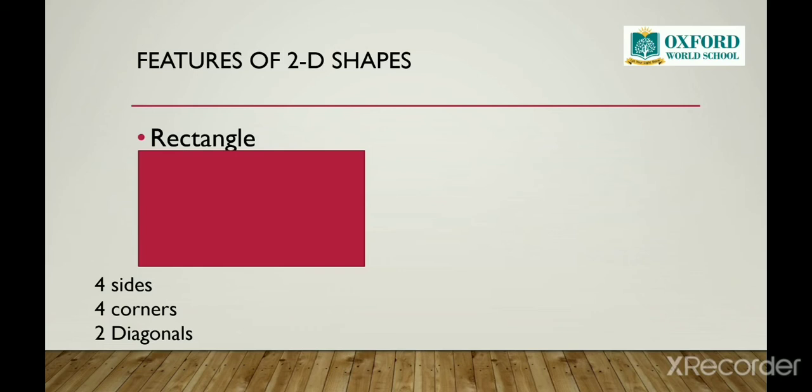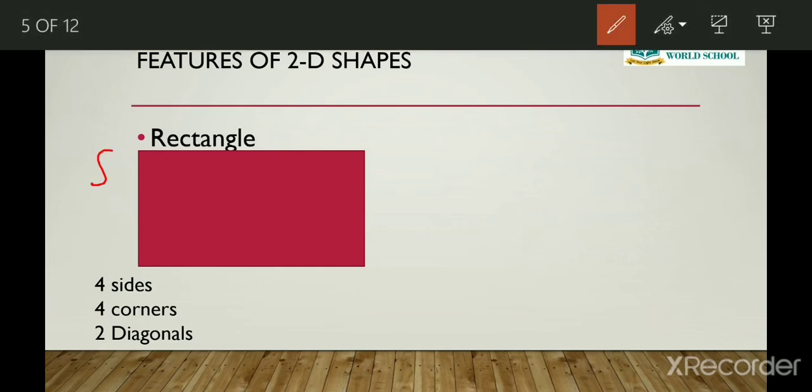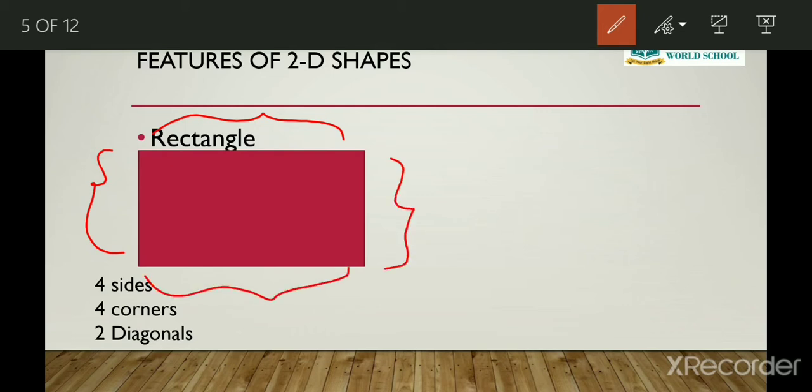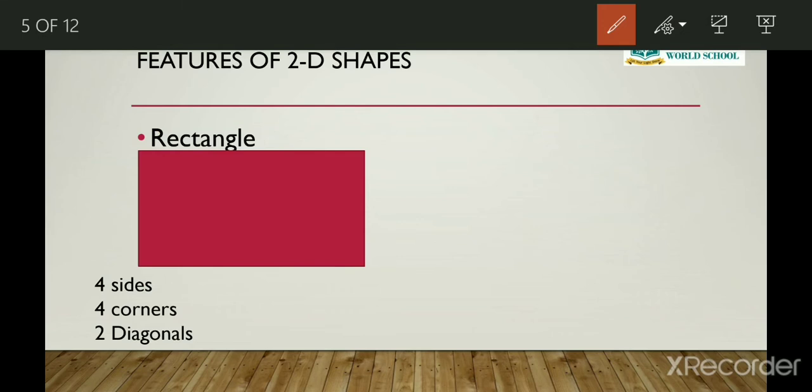rectangle. Now, just tell me, what do you think? How many sides and corners are there? Yes, right. 4 sides. Side number 1, side number 2, side number 3 and side number 4. Now, as you can see, the opposite sides are equal, right? So, in a rectangle, we have 4 sides and 4 corners, and the opposite sides of the rectangle are always equal.